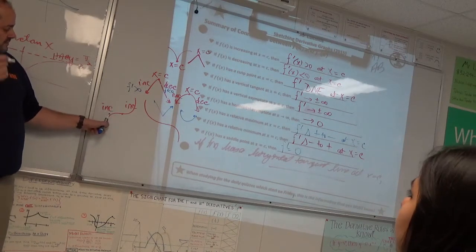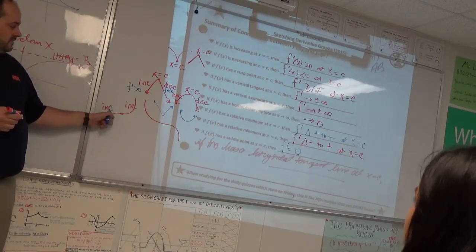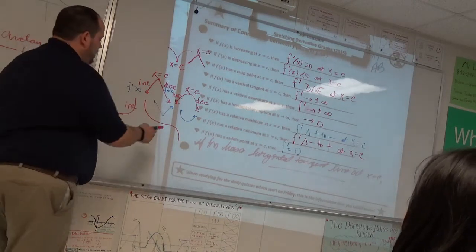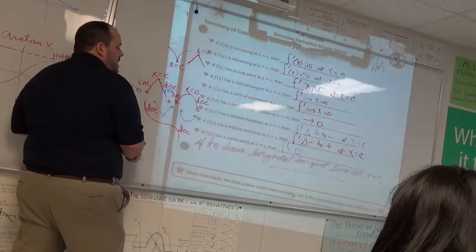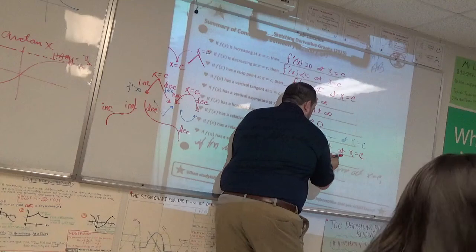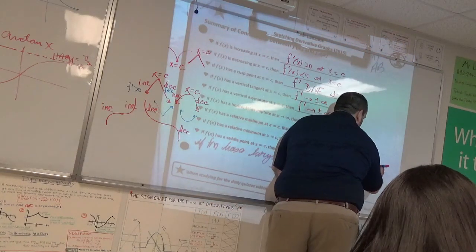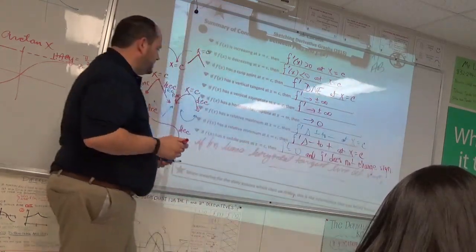If the function is increasing, then the derivative is positive, and still positive here. So f prime is equal to 0 and f prime does not change sign. You need to have both pieces.